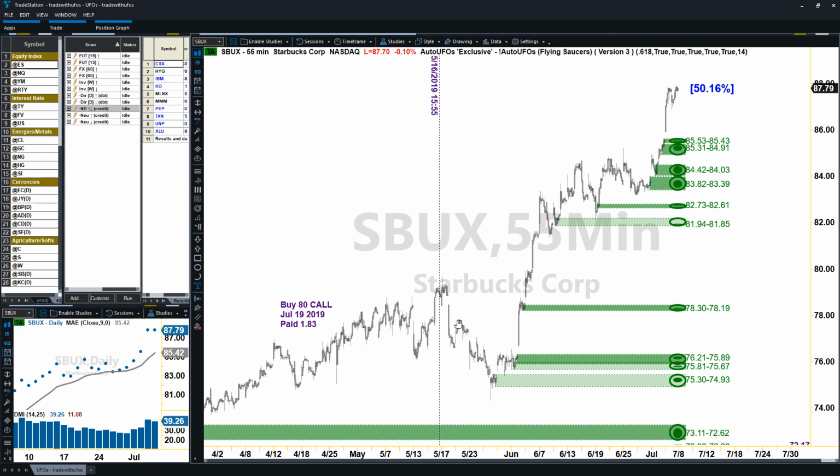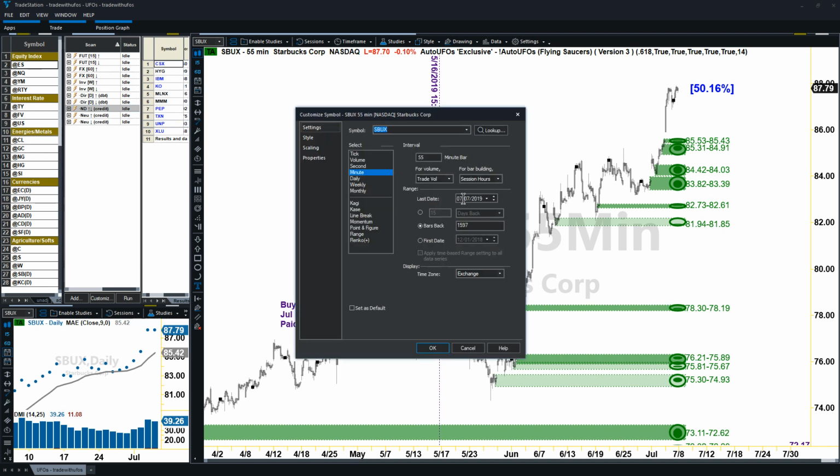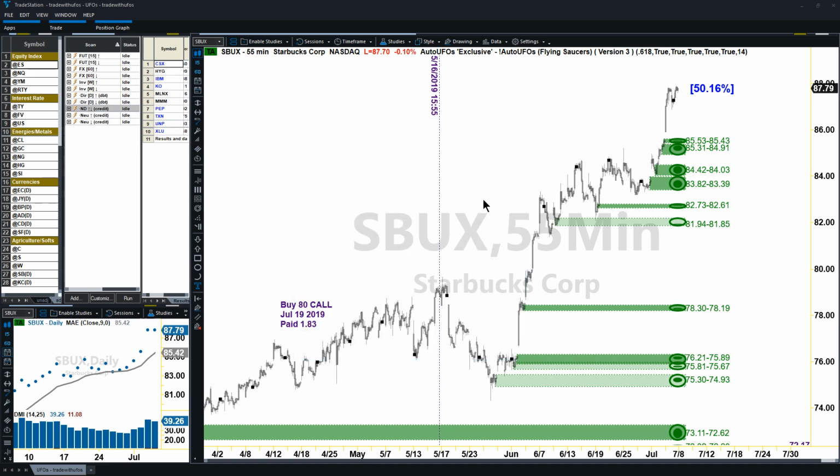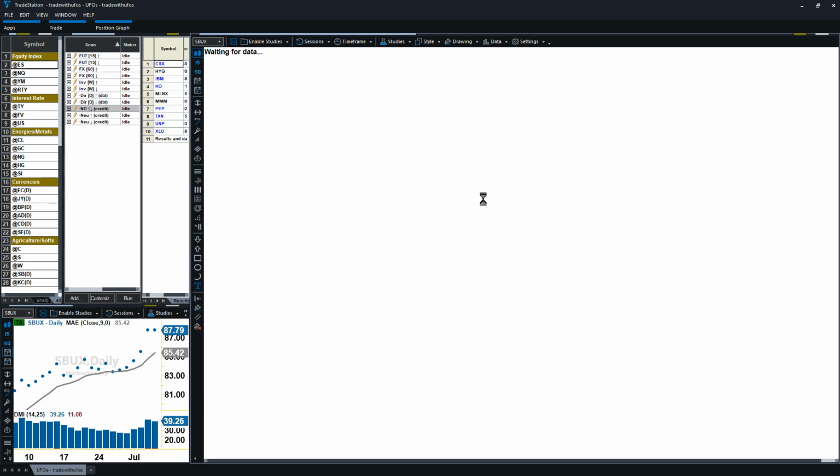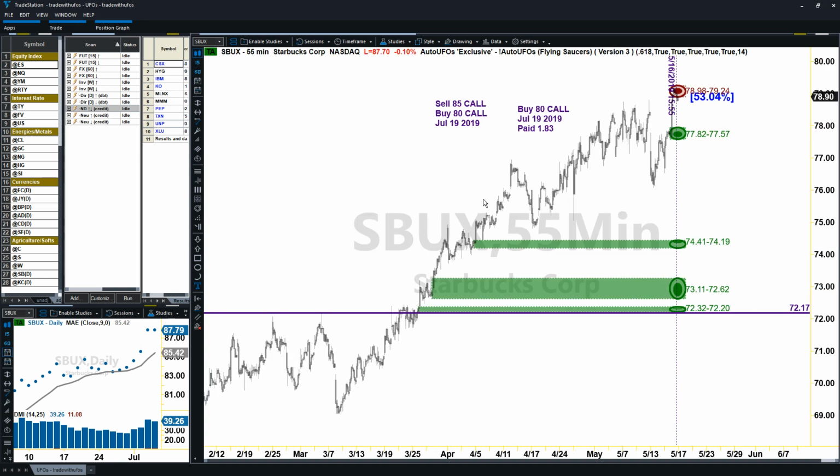But let me go back to that date, 516. Coming back to this chart, what in my mind is really exaggerated is the fact that we entered up here, and basically we were open to risk $6.